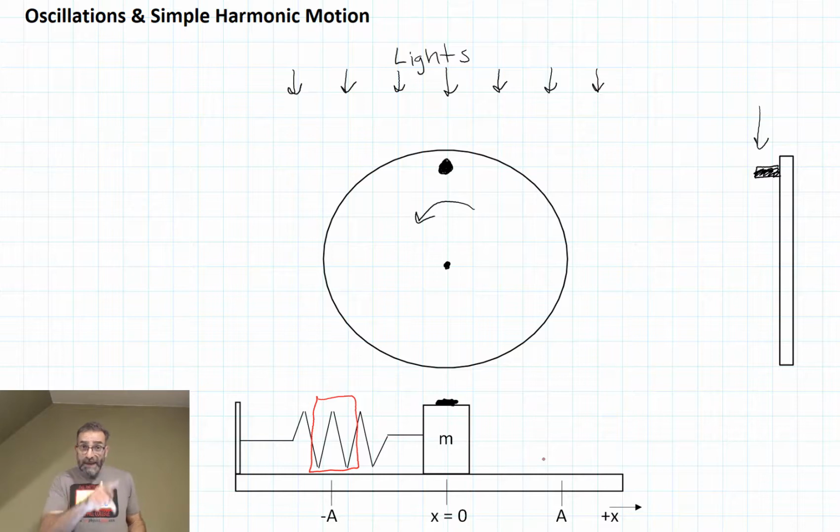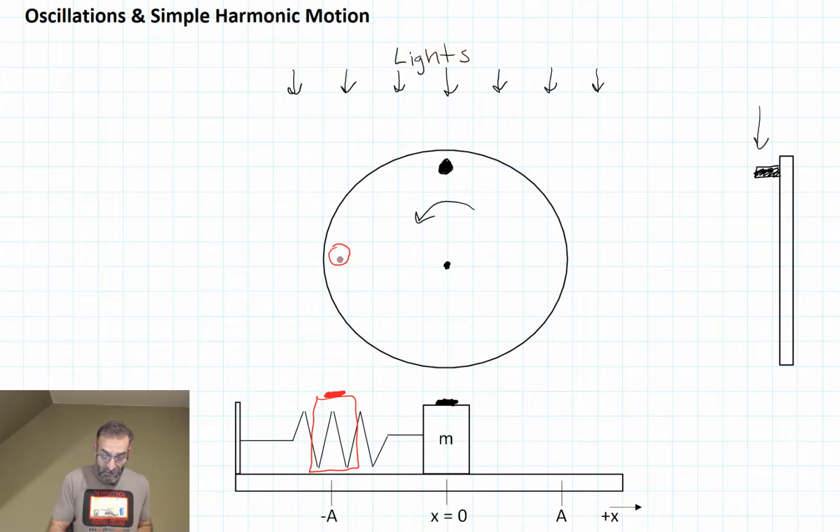If my wheel is turning at just the right speed, my peg is going to be over here at that instant, and the shadow is going to be on top of the box. The box is not moving left or right. It comes to rest momentarily at that point.